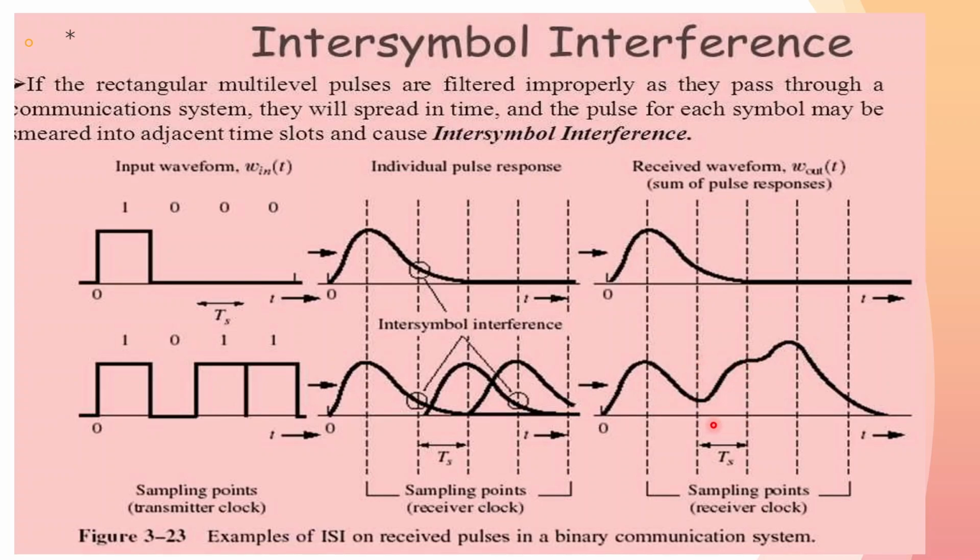We can consider this bit as 1 because of the dispersion of this 1 and this 1. If it crosses beyond the threshold, the decision making device may get confused and detect that bit 1 was transmitted. So this is undecidable, and that is intersymbol interference.